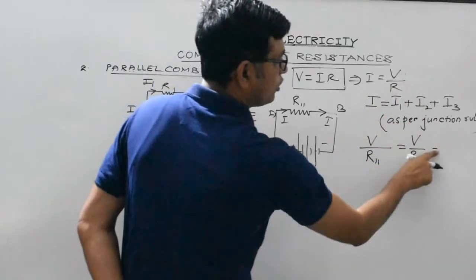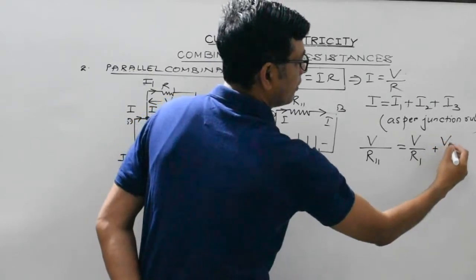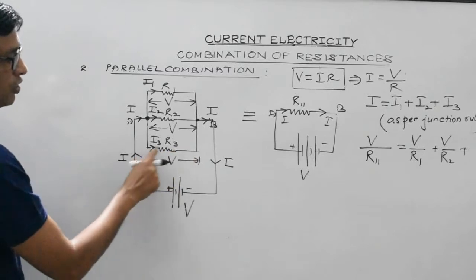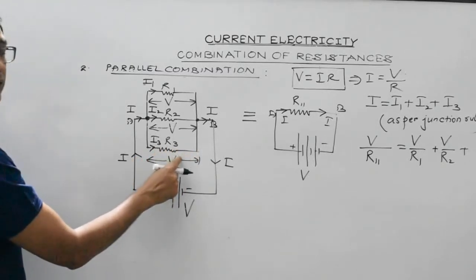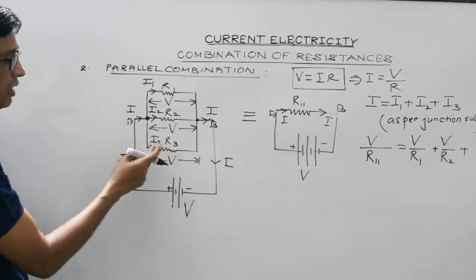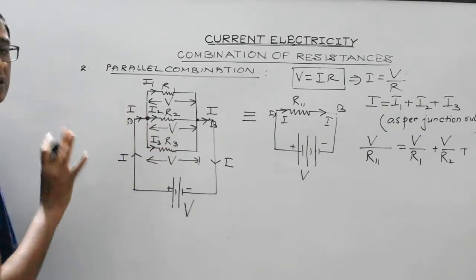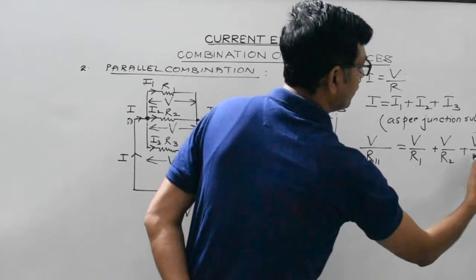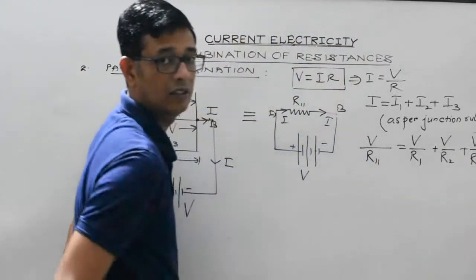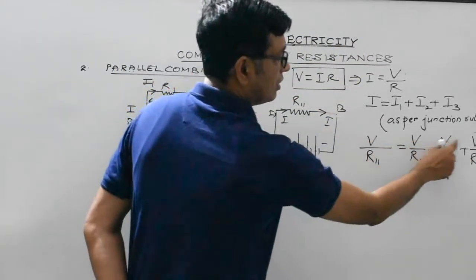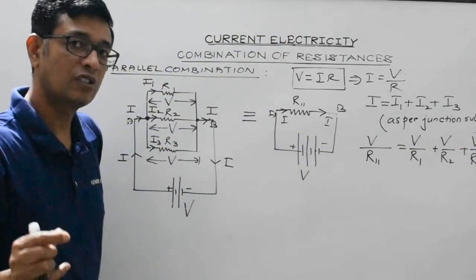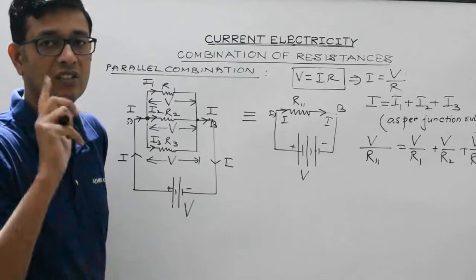Similarly, I2 will be given by V by R2, and for I3, the potential difference across the third resistor is again V, same as the applied voltage, the current flowing through it is I3 and the resistance is R3. So I3 would be given by V by R3. Here again, it's a reminder that in parallel grouping, the potential difference across each resistor is constant.